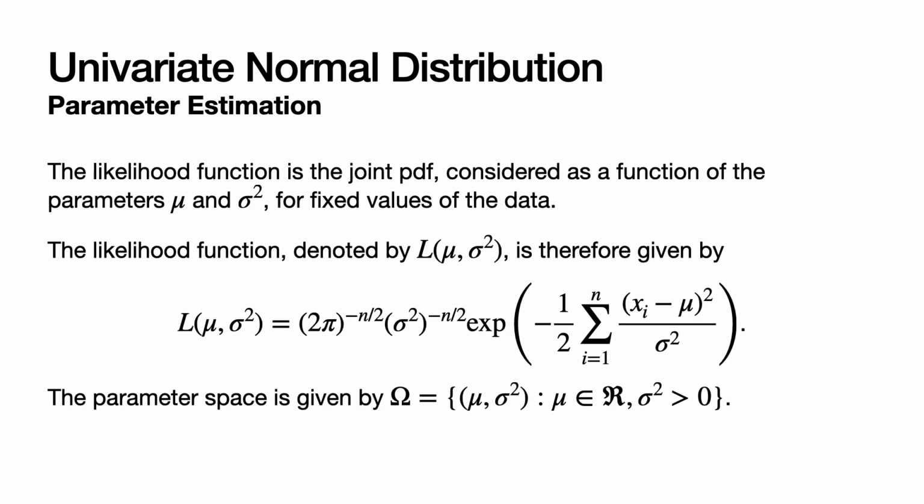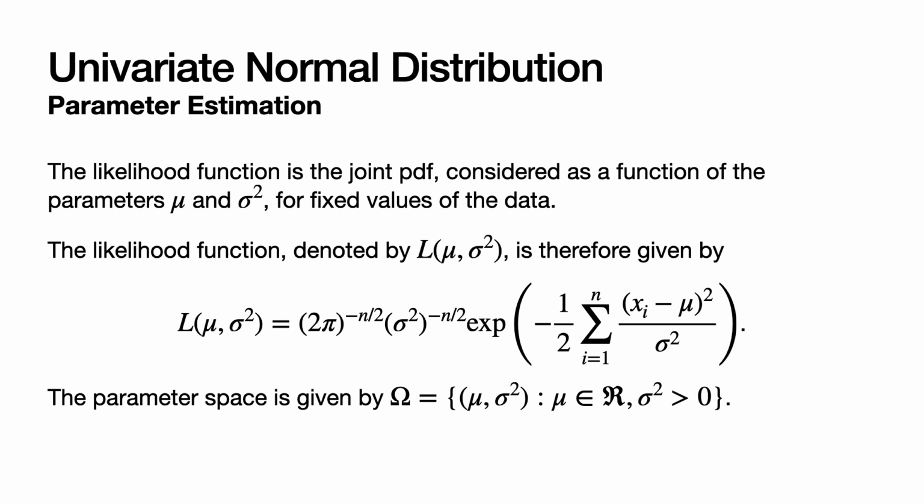The likelihood function is the joint PDF, but considered as a function not of the argument variables x1 through xn, but rather a function of the parameters mu and sigma squared, and we consider the values of x1 through xn to be fixed.